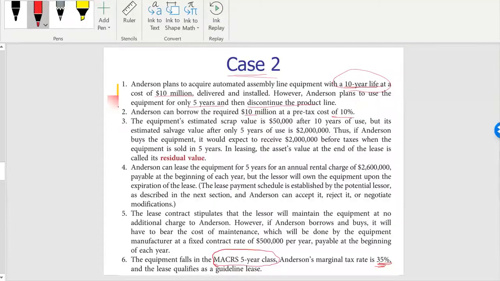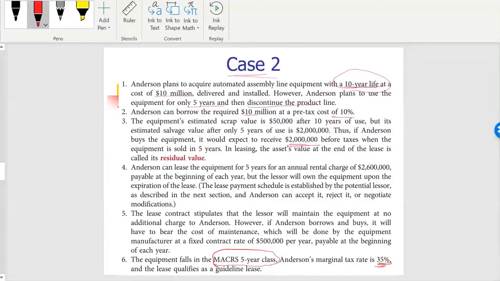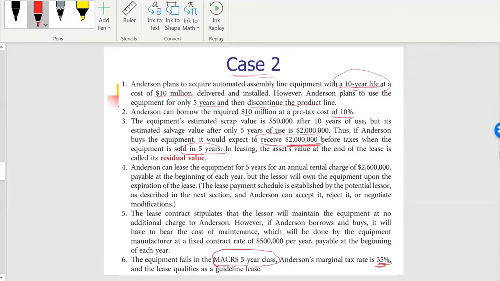In leasing, an asset's value at the end of the lease is called residual value. So, because we are making calculations for the borrow and buy decision, if Anderson buys this kind of product, then he will sell it in 5 years and get this 2 million amount.